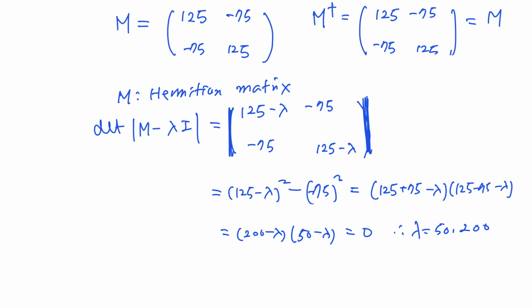So what is the major difference between this matrix and the previous one? The previous matrix has eigenvalue which is 1 and minus 1. In this case, 50 and 200, which is all positive, right? So this is very important. So M is also a positive matrix.